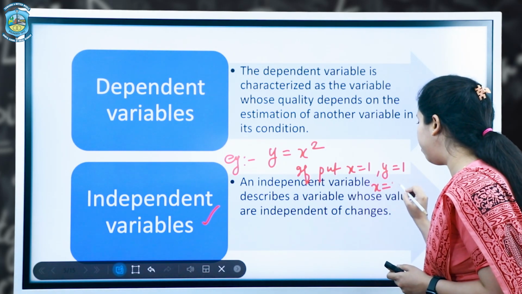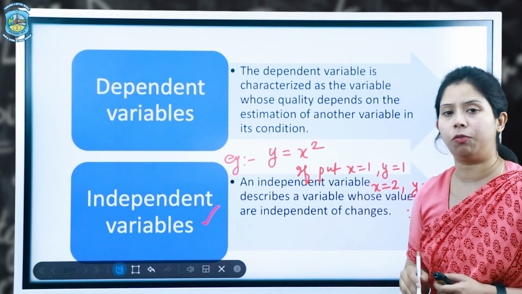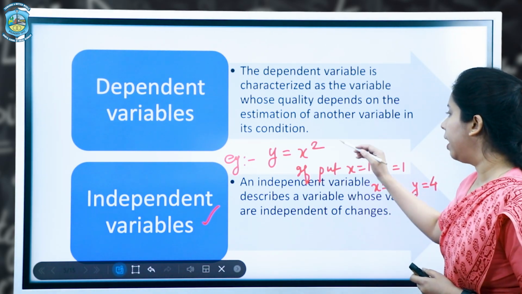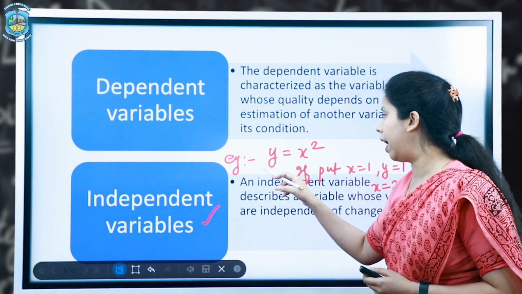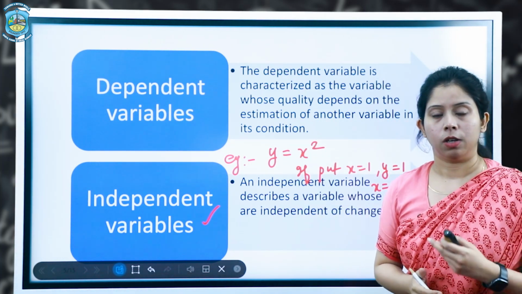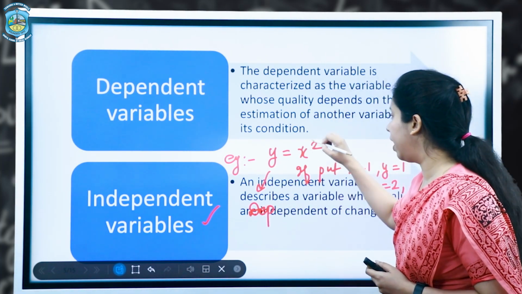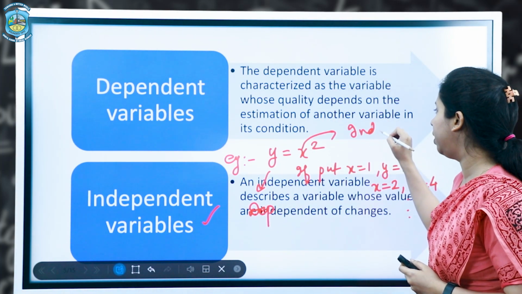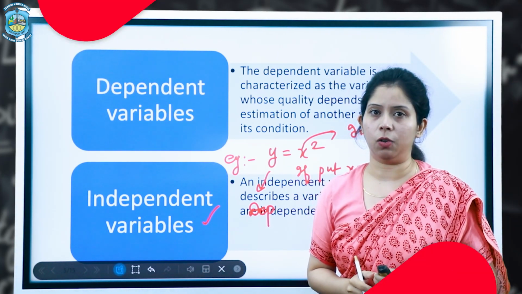If you put the value of x as 2, the value of y will be 4, and so forth. So if we randomly select the values of x, the value of y depends upon the value of x. In this context, y is the dependent variable whereas x is the independent variable.